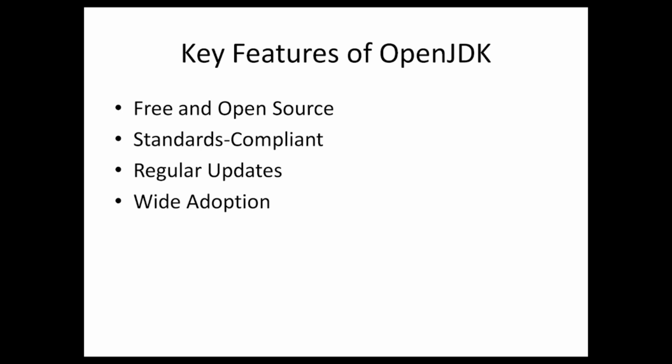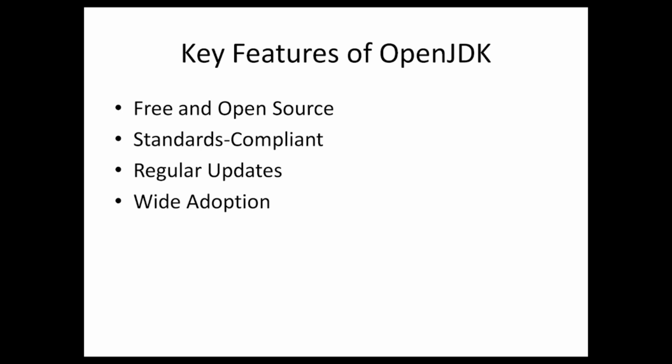The Linux kernel is also licensed under GPL v2. It basically gives the flexibility of making it free to use software, and we can also modify and distribute it. The second point is standards compliant.